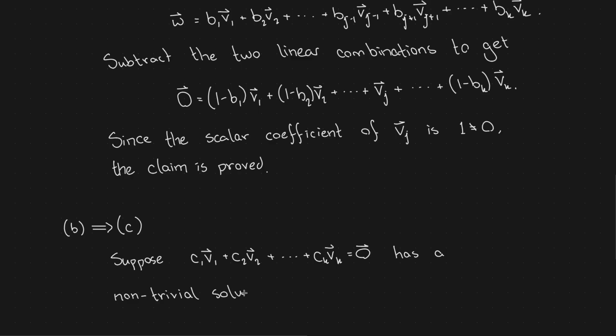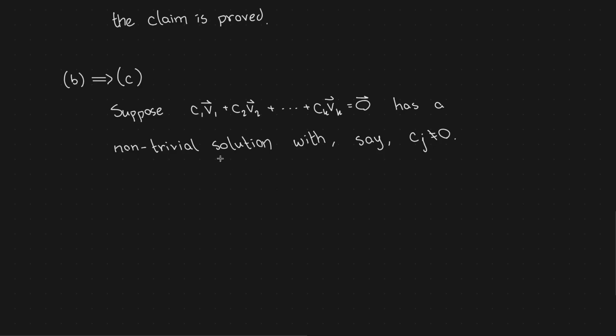So remember, a non-trivial solution means that one of these is not 0. So let's say with, say, the jth coefficient not being 0. Okay, somewhere in there, there's one that's not 0. I don't really care which one. Somewhere, pick the one that's not 0. I know it's there somewhere, okay, because this has a non-trivial solution. Then do a little bit of algebra here.